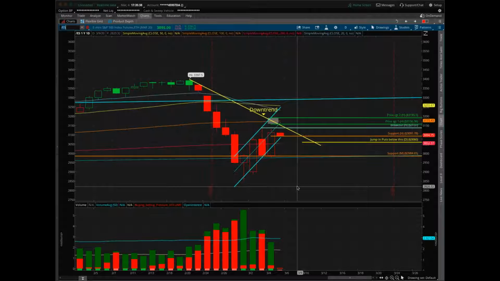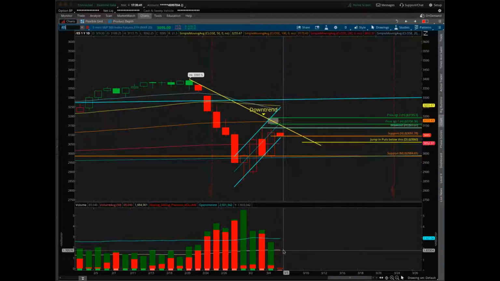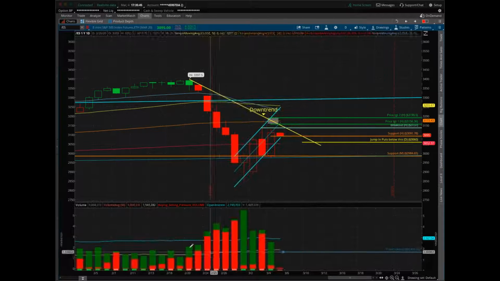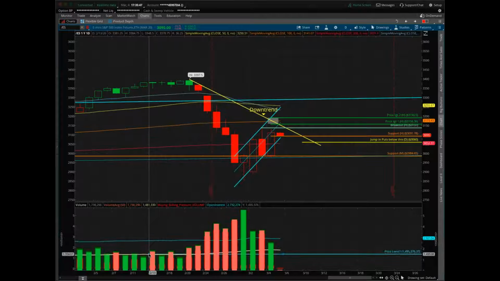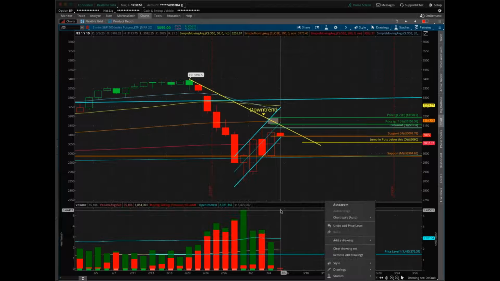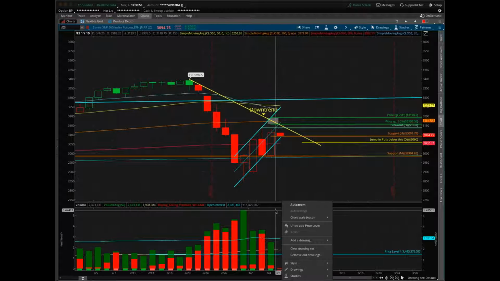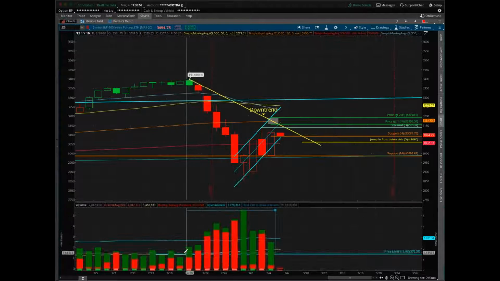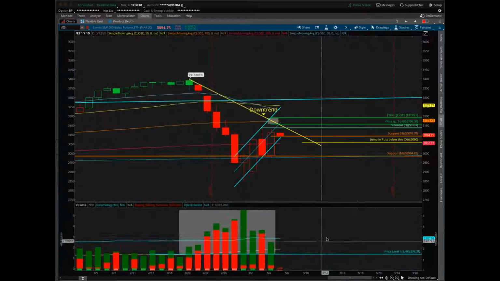So this is a daily chart, and our average volume is here. That's our average volume. So let's go right here. So we know all of this is above average volume.